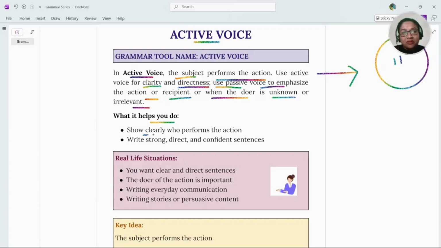So it shows clearly who performs the action, the first point to keep in mind. And the second important point is, it helps you to write strong, direct and confident sentences along with speaking. It's used when you're writing as well as speaking. So both of the skills are covered when you're using active voice.